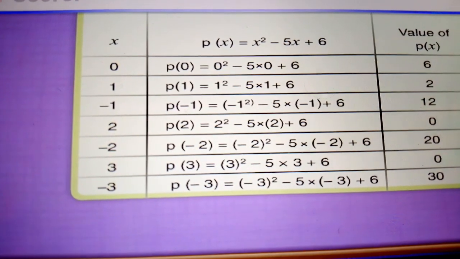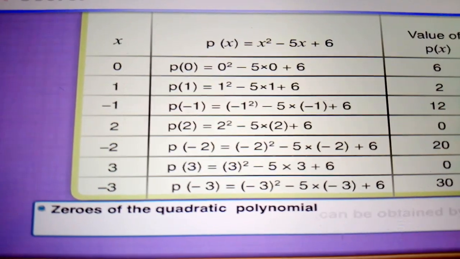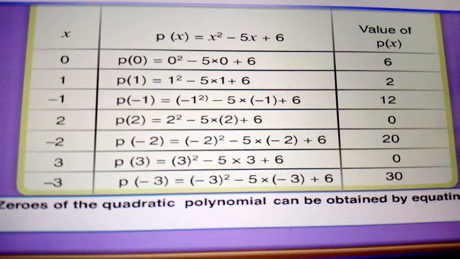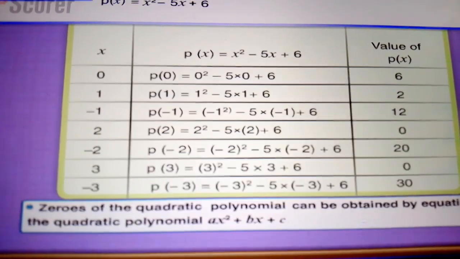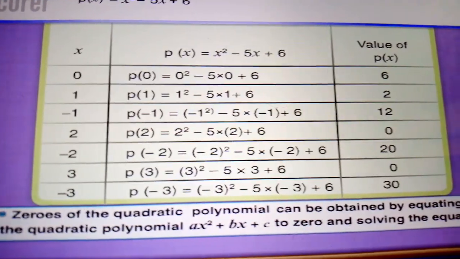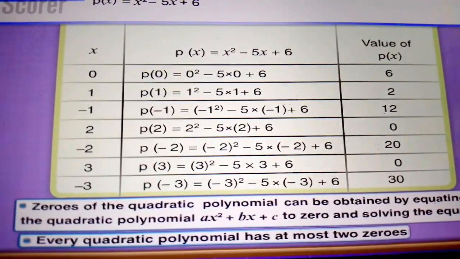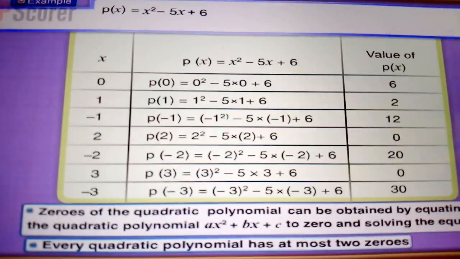In an easier manner, zeros of the quadratic polynomial can be obtained by equating the quadratic polynomial ax square plus bx plus c to 0 and solving the equation. Every quadratic polynomial has at most 2 zeros.